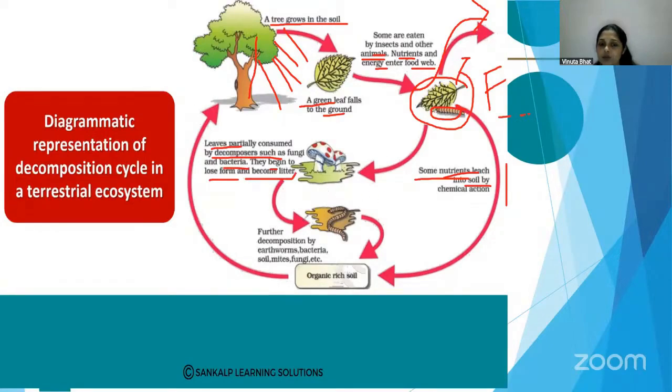Further decomposition by earthworms, bacteria, soil mites and fungi occurs in the organic rich soil, so the nutrients mix with the soil, and the trees use the nutrients present in the soil. This is how decomposition increases the soil nutrient quality.